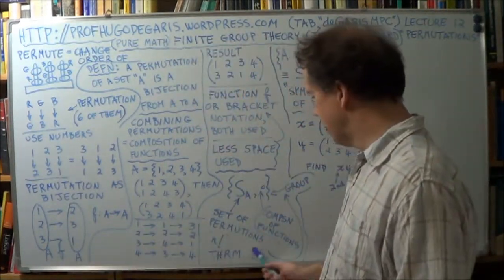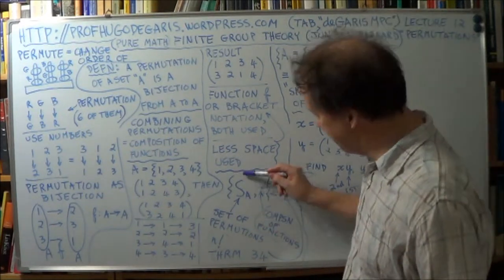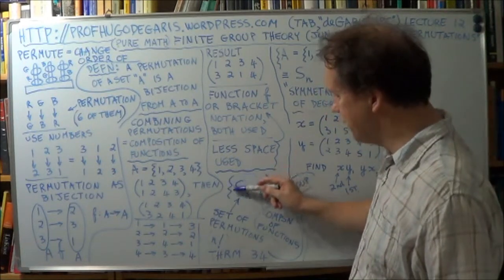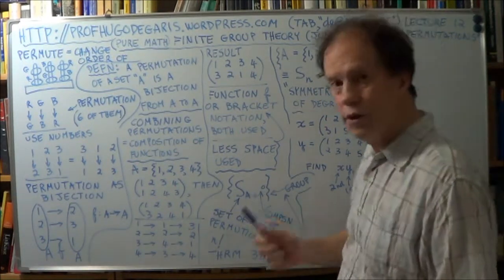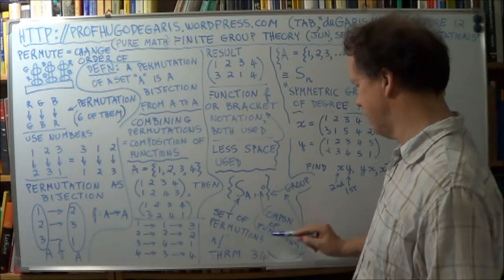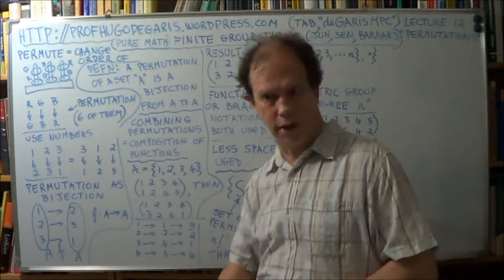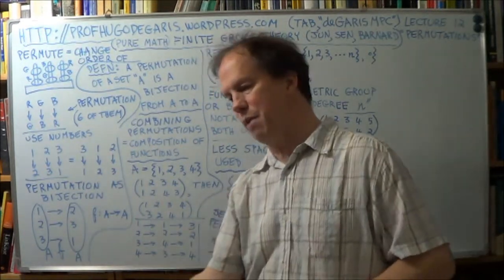So we can use theorem 34 to conclude immediately that this set here, which is the set of all permutations of your n objects, with this binary operator, which is just composition of functions, which is the fancy way of saying followed by, you map this f, followed by mapping g.